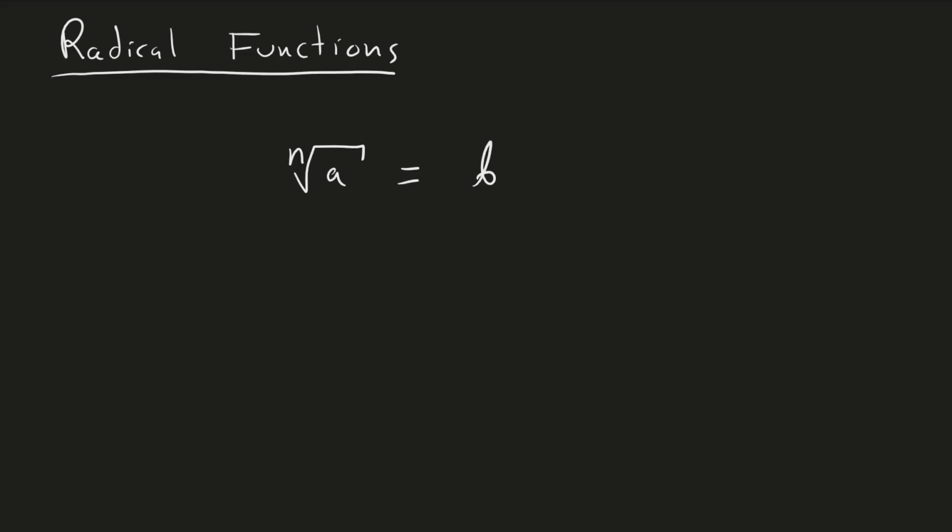Well, in this case here, we're going to have the nth root of a is equal to b, and we're going to focus on what it means to be the nth root of a. This is equivalent to the statement a is equal to b to the n. So the nth root of a is whatever base b is that to the nth power gives you a.